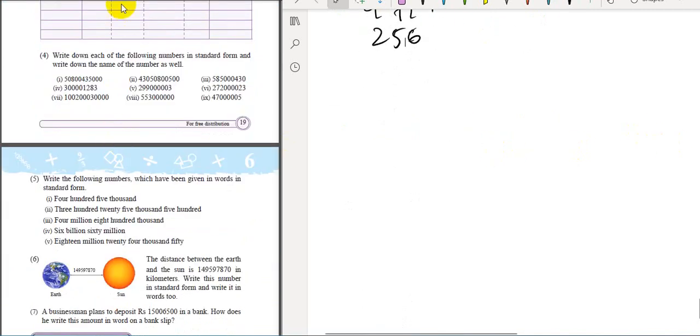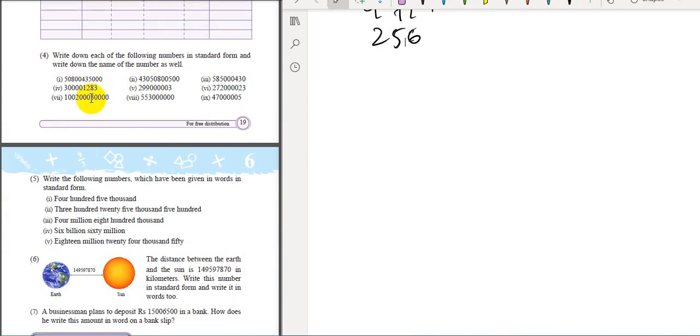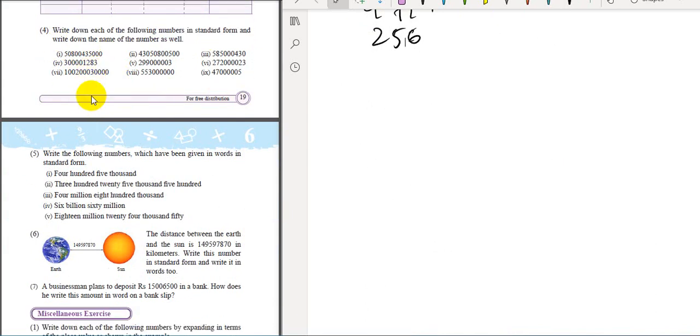Then we'll write down each of the following numbers in standard form and write down the name of the number as well. How to write the standard form? Separate 3 digits from right to left, and identify the units, and you can easily read and write the numbers.